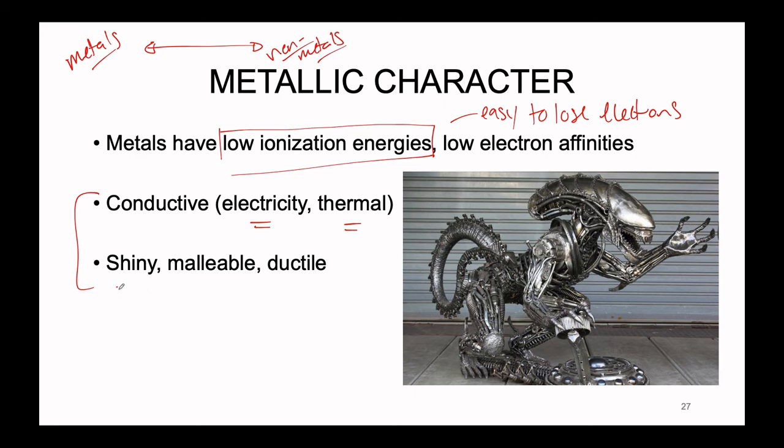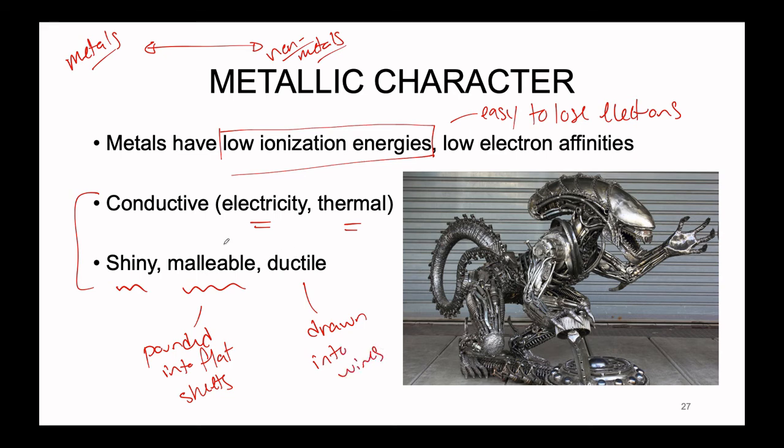Metals are also known for being very shiny, malleable, which means they can get pounded into flat sheets, and ductile, which means they can be drawn into wires.